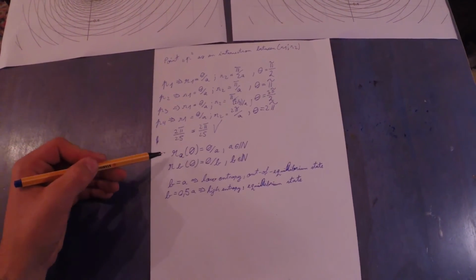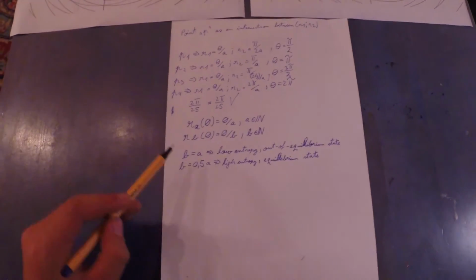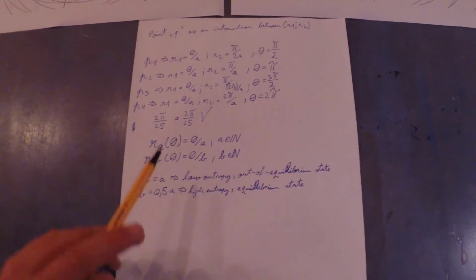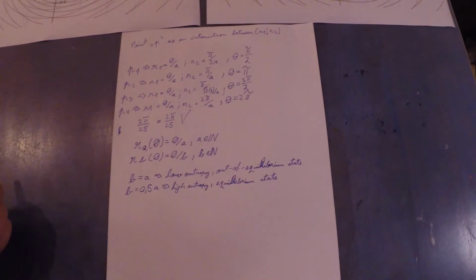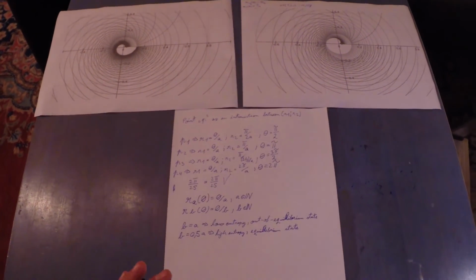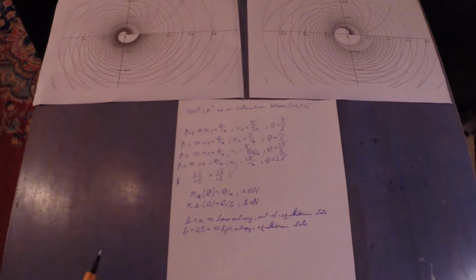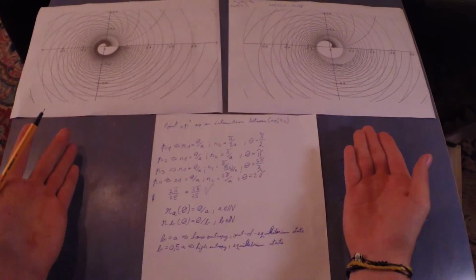Okay, so I just took the function, duplicated it, and substituted it with b. b is a natural number, like a. When b equals a, as seen in this system, we have a low entropy out of equilibrium state. The equilibrium states are part of thermodynamics, a characteristic actually. I won't describe them right now because I don't have the necessary time, but look at these two systems.